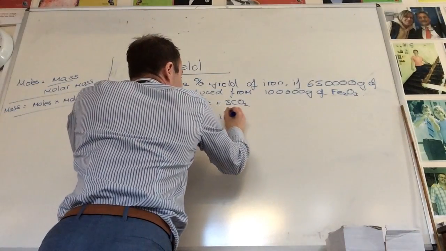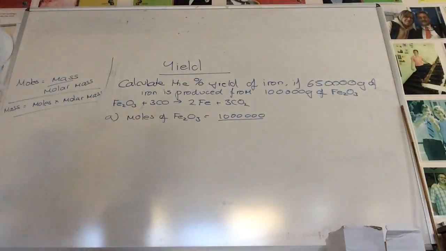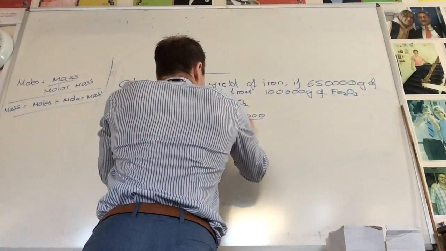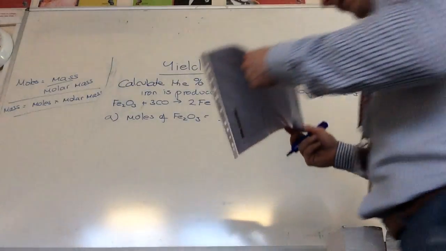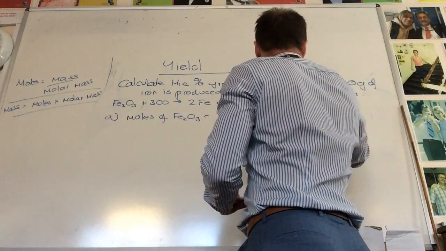So that's going to be 1,000,000 divided by the molar mass of iron oxide, which is 159.6. If I do that, I get 6266 moles.